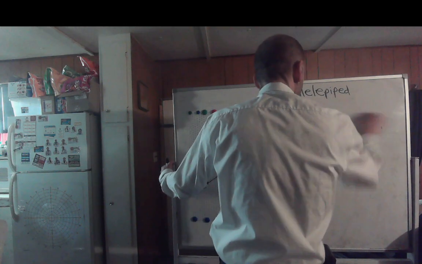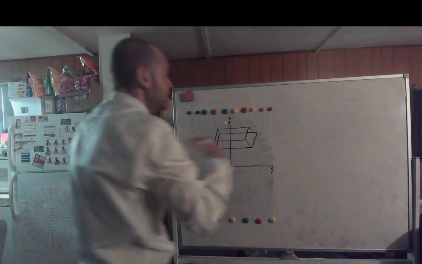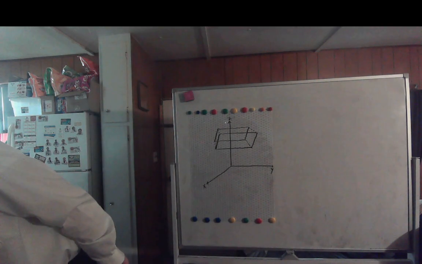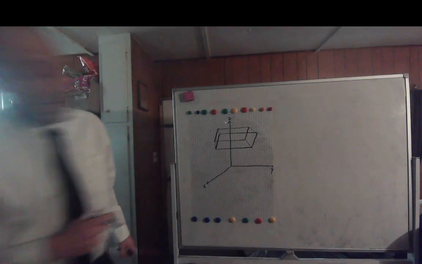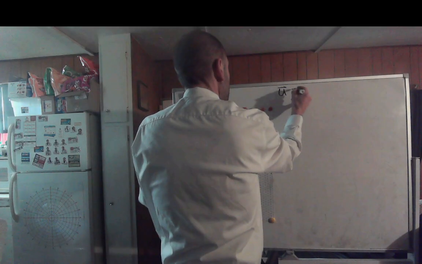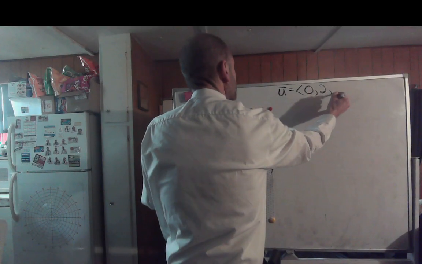We're going to start where they give you 3 vectors for your parallelepiped. So let's see here. Vector u has components of 0, 2, 2.